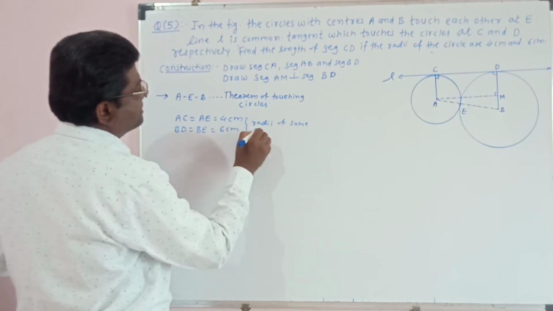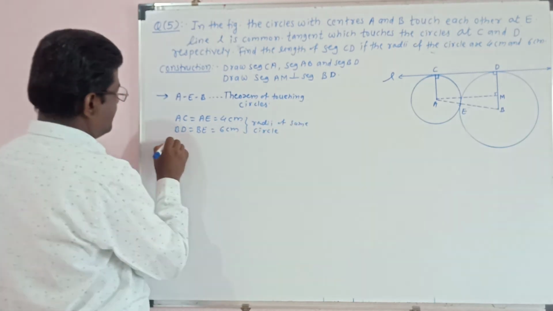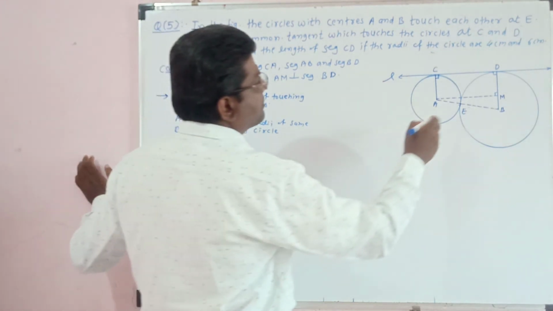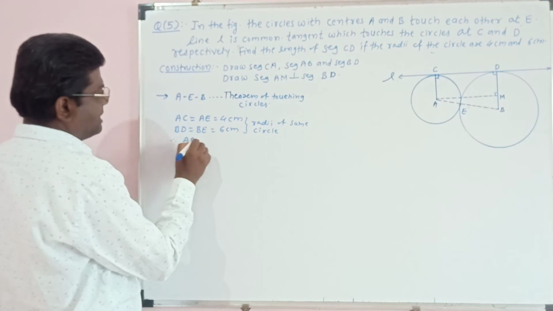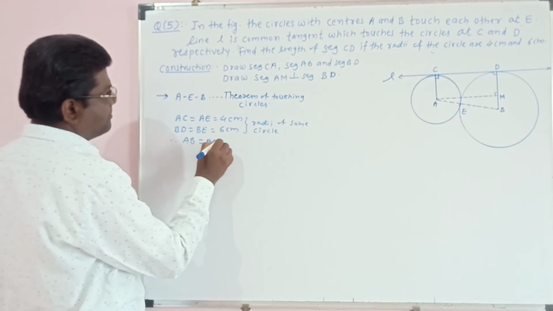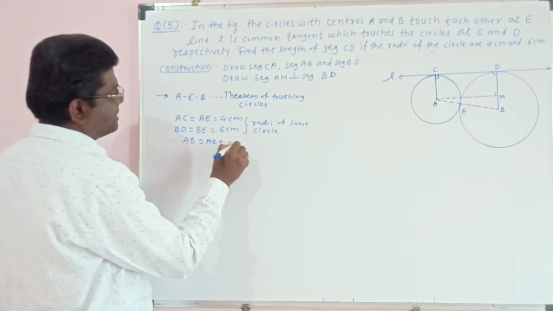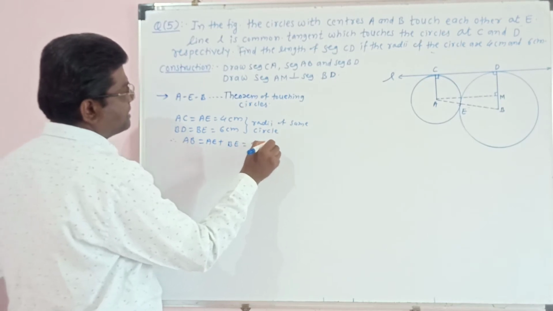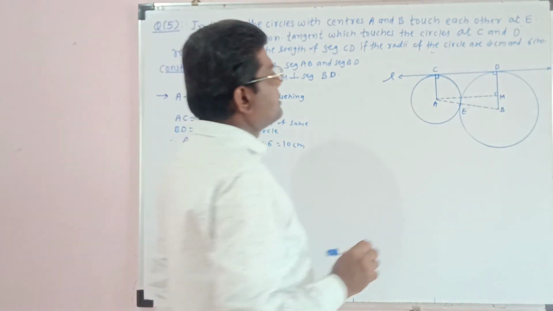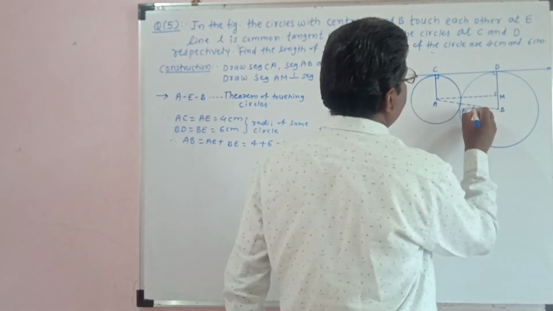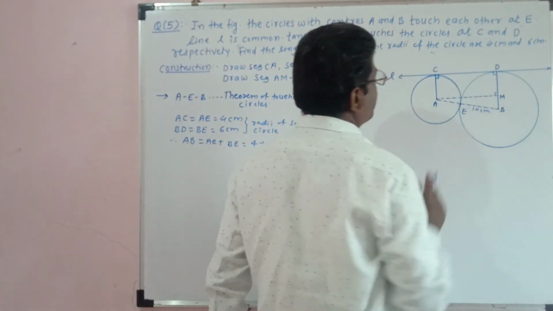Therefore AB is equal to AE plus BE is equal to 4 plus 6 is equal to 10 cm. So we get this value 10 cm.